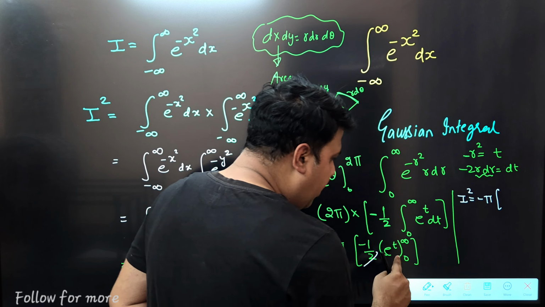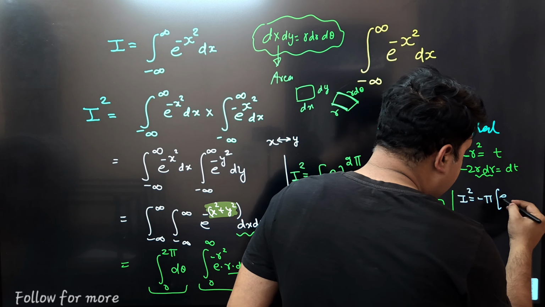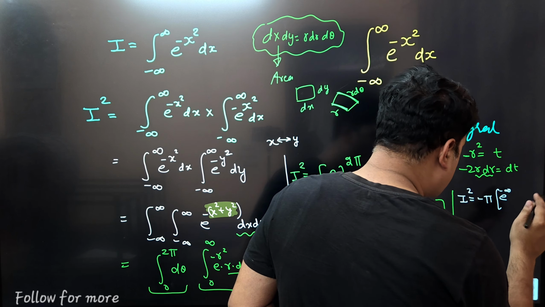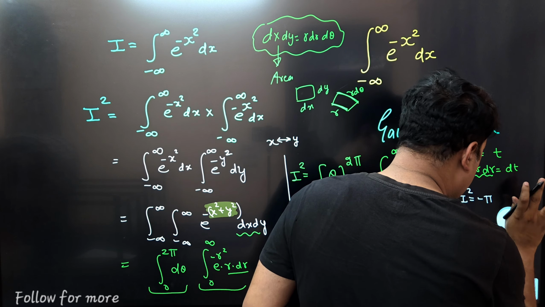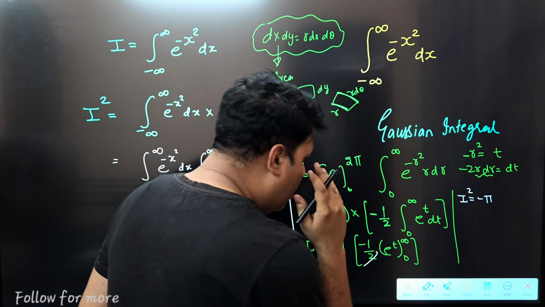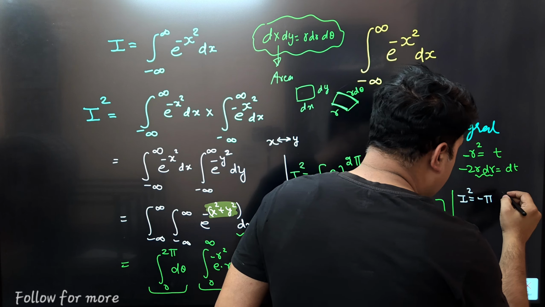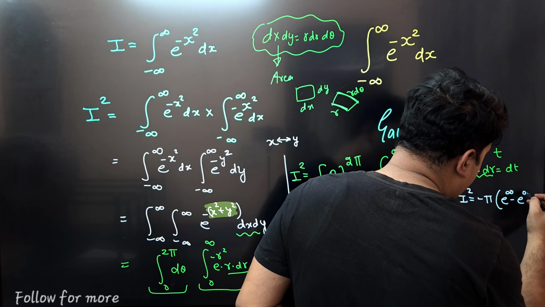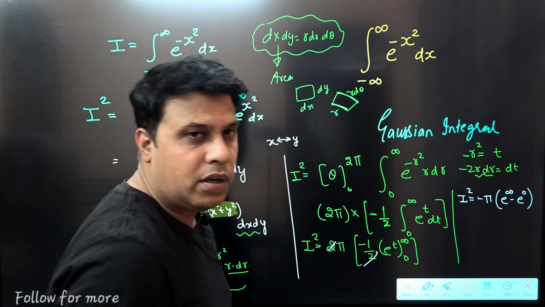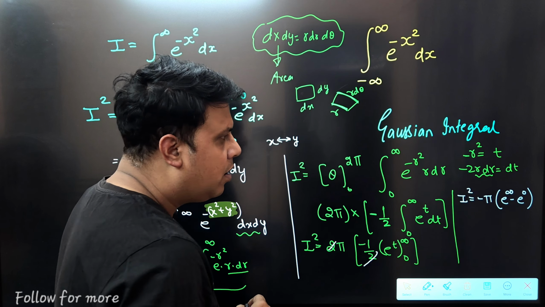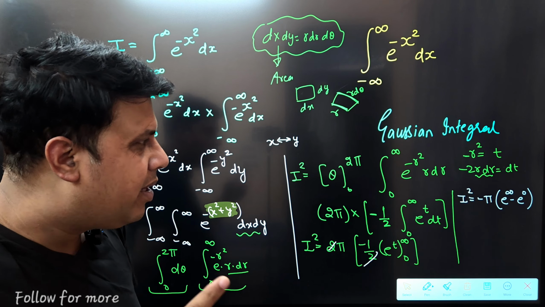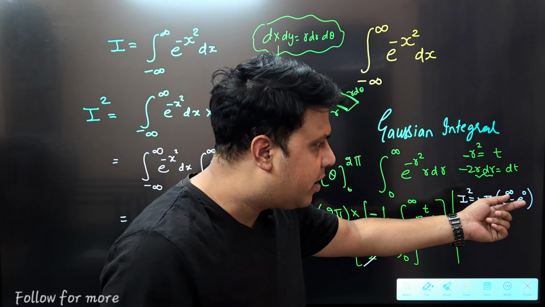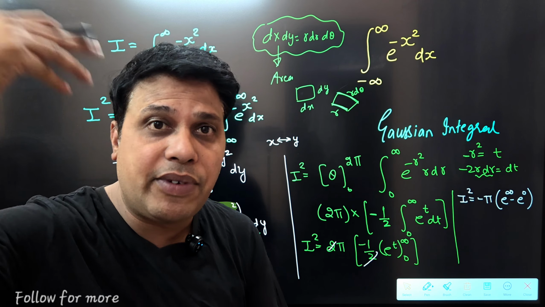Now if I put e power infinity and e power 0, right? You could be very confused that if I take e power infinity, that is a very big number.